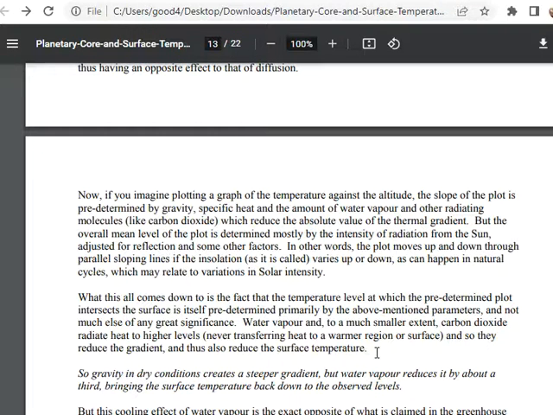So I don't think he has mentioned Stefan-Boltzmann's law in this so far, but he's saying the temperature level at which the predetermined plot intersects the surface.